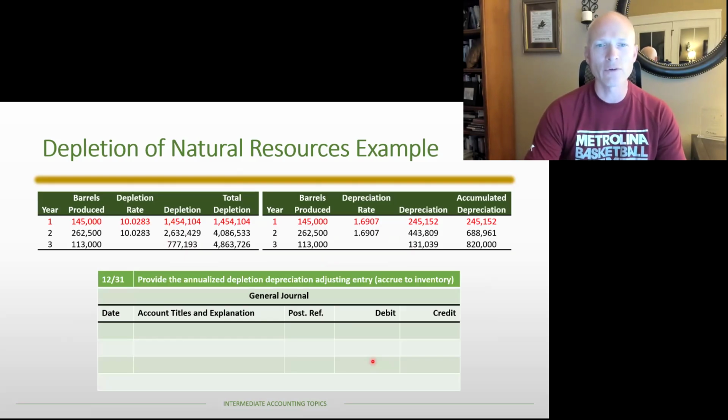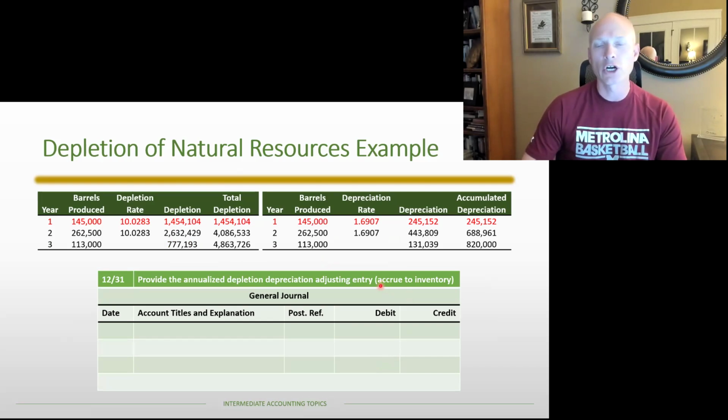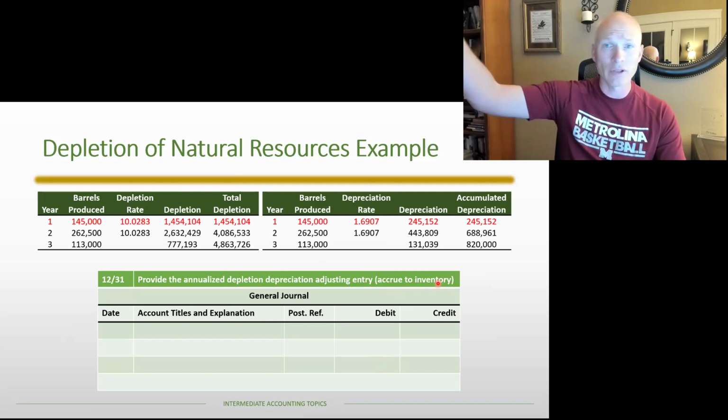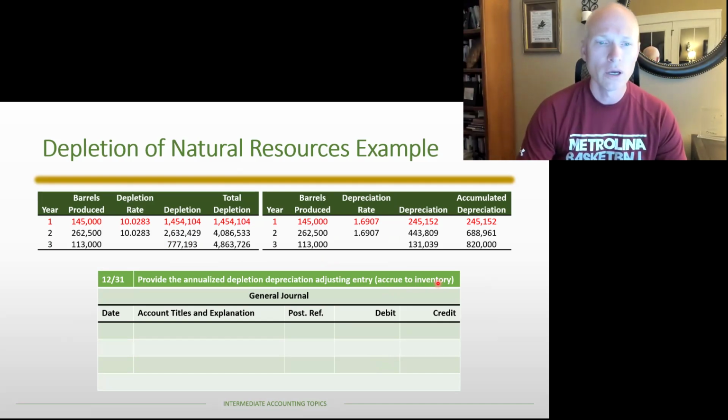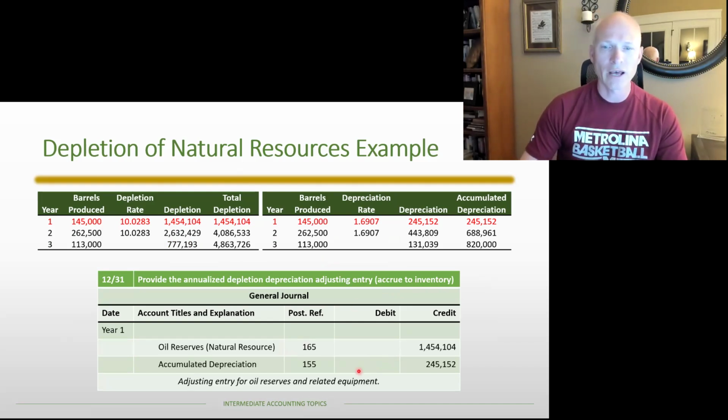And so taking that information from the tables and creating the journal entry, again, noting that we're going to accrue these costs to the inventory. And then later on, like any other inventory, we would roll it into cost of goods sold when it's sold. But for now, we're focused on how we accrue it. So, of course, in year one we've got the depletion of the natural resource, and we've got the depreciation of the asset.